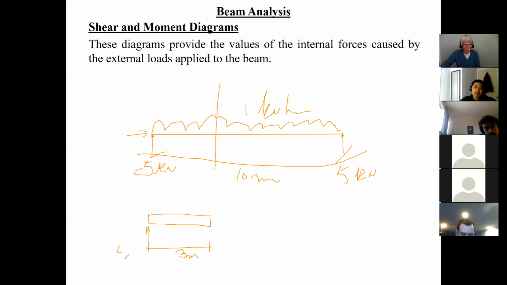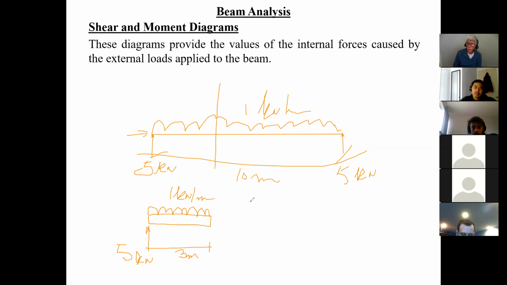I have 5 kilonewtons here. That's my reaction. That stays the same. And then here I have 1 kilonewton per meter. We agree?